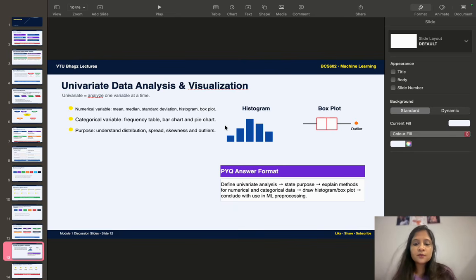It is asked in the question paper. Explain with an example, like analyzing only student marks, only age, or only salary, and how to plot the graph as a histogram or pie chart.